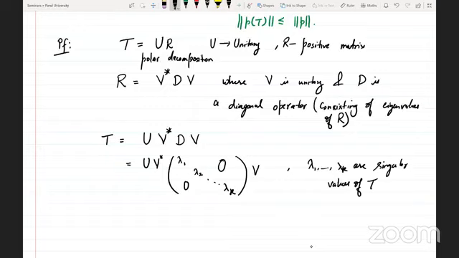You call them singular values of T, or you may call them eigenvalues of R. Both are the same.